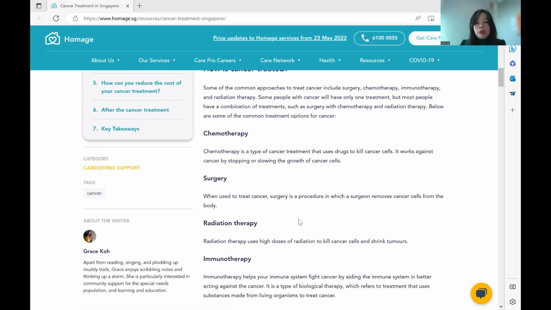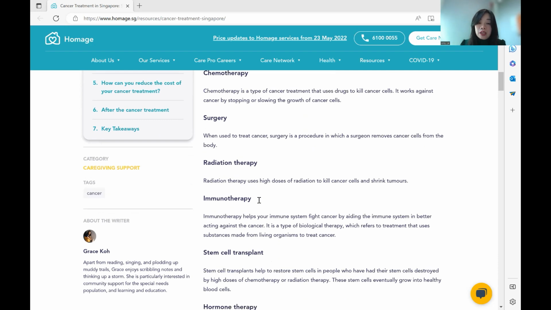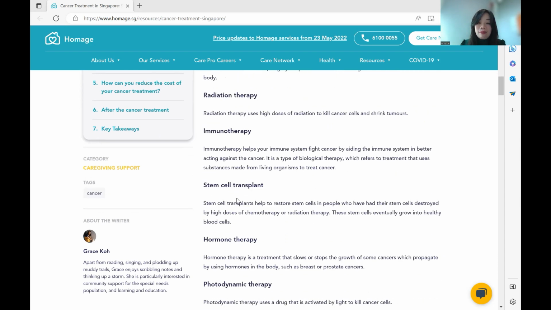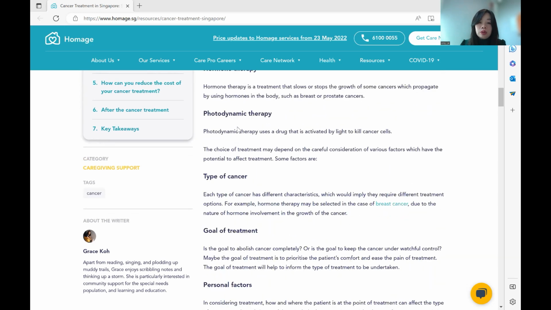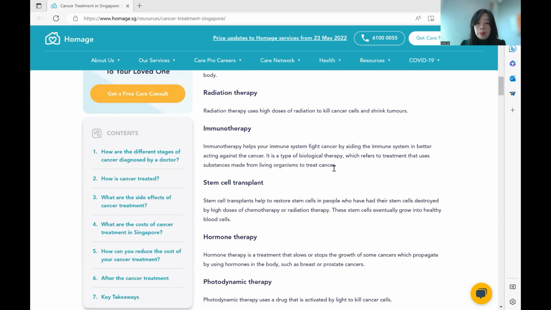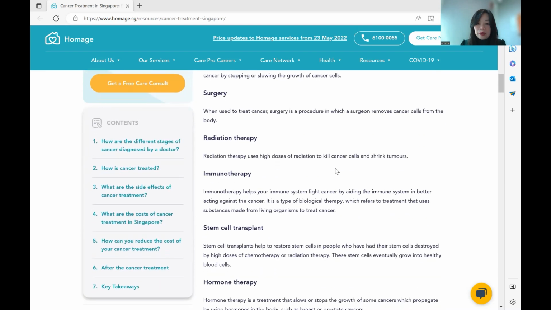So typically, how is cancer treated? As you commonly hear, it's by chemotherapy, surgery, radiation, immunotherapy, stem cell transplant, hormone therapy, and also photodynamic therapy. All these therapies depend on which stage the cancer is.